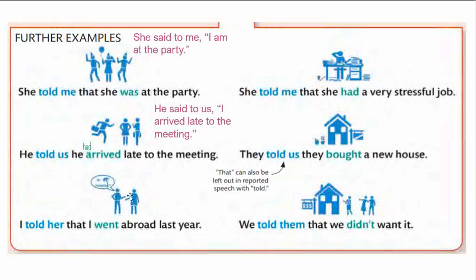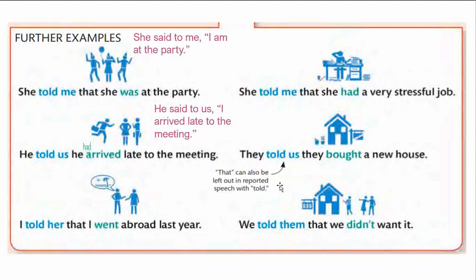Now, as a challenge, the remaining four sentences are given to the students. Write the direct speech and then write the indirect speech. I told her that I went abroad last year. She told me that she had a very stressful job. They told us they bought a new house. That can also be left out over here. You can see they told us that they bought a new house.